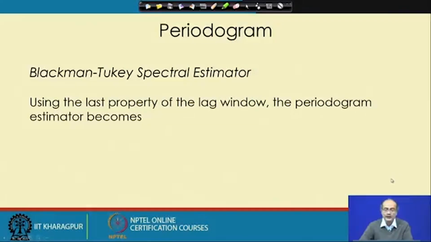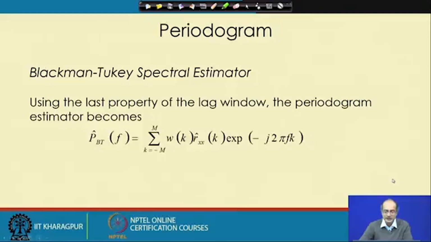Using the last property of this window lag, now the periodogram estimate gets a new form, where instead of taking the value of k from minus n plus 1 to n minus 1, we restrict it from minus m to plus m, or using a smaller number of lags.